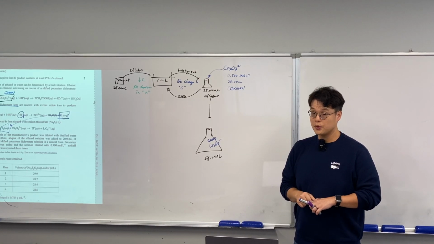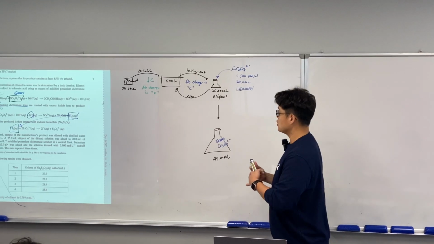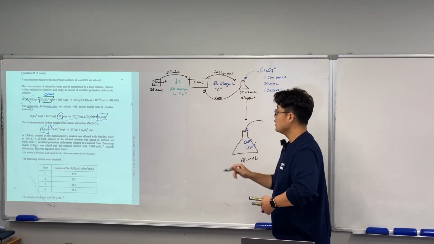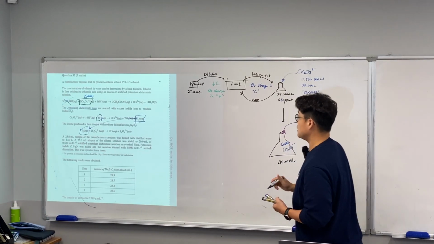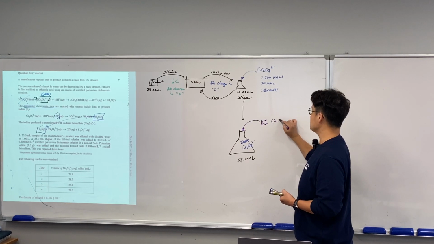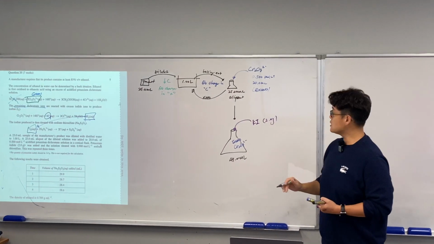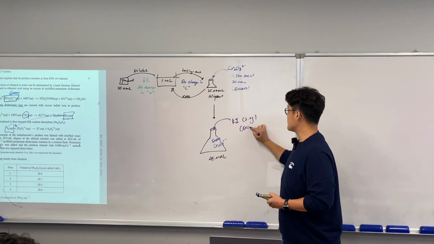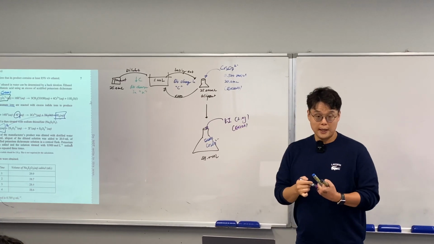All good? Then what we have done is we added 2 grams of the potassium iodide, which is again in excess.